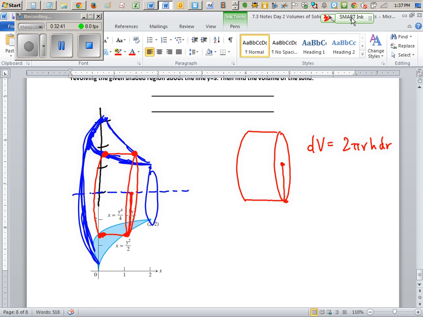I want that hole in the middle. So I'm never going to build any shells with a radius less than 1. All my shells will have a radius of at least 1. Because you're trying to imagine constructing a solid, right? If I gave you sheet cardboard and you were forming tubes, you would never build anything smaller than radius 1 because there is no such shell. All the shells are at least radius 1 all the way up to radius 3.